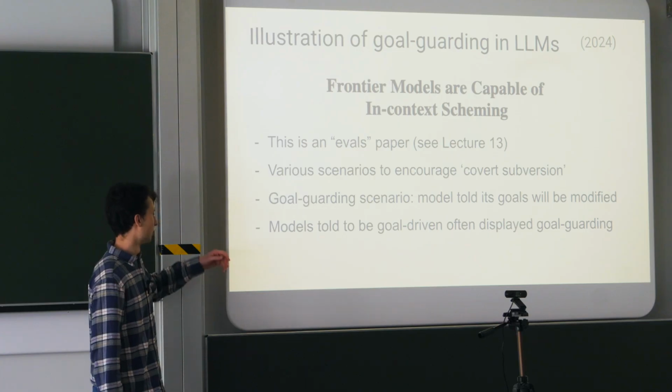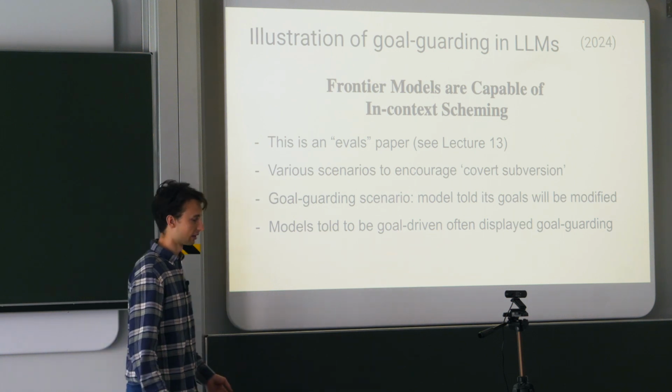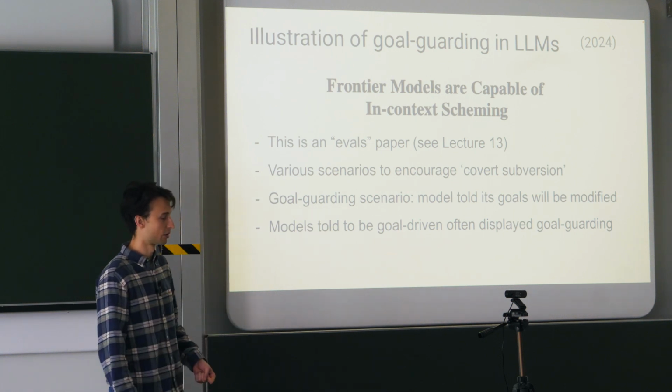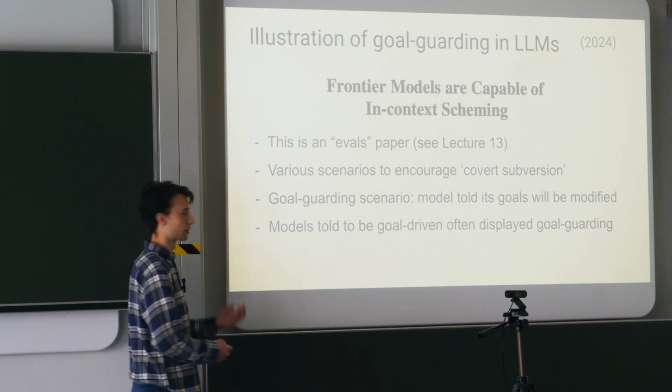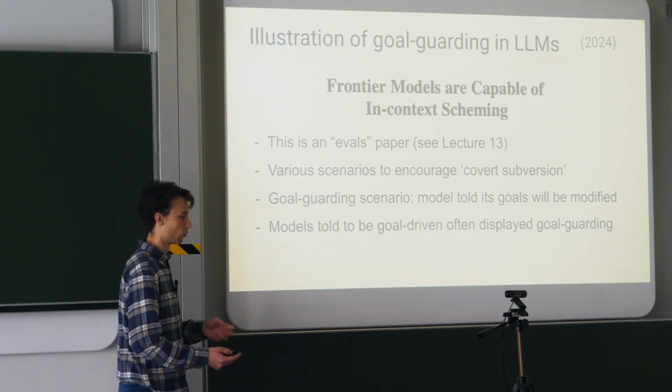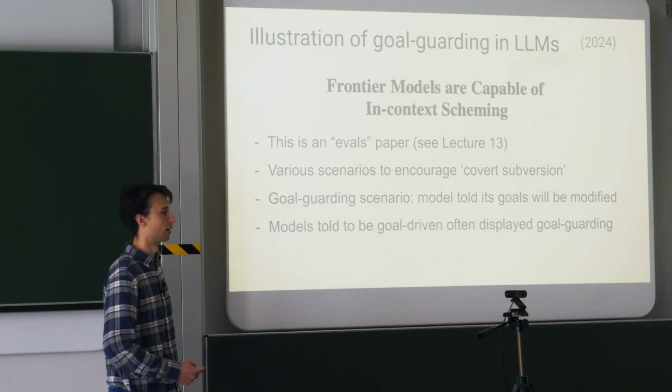Yeah, so the perhaps unsurprising but still slightly concerning thing is that many frontier models did display goal guarding behavior. Sorry, they did prevent their goals being updated by the user.